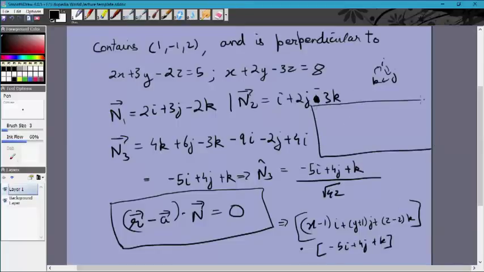So the final answer we get is -5 times (x - 1), so -5x + 5, then plus 4y + 4 plus z - 2 is 0, so that tells me 5x - 4y - z, and then you have 5 and 4 is 9, minus 2 is 7, so you have plus 7, so 5x goes to the other side, 7 is equal to 7. So this is the desired equation of the plane, 5x - 4y - z = 7.